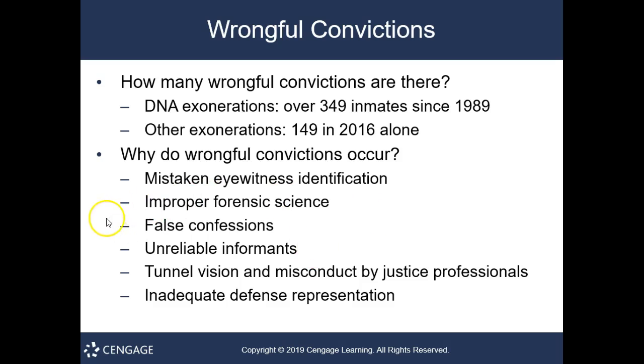Next is false confessions. Now, false confessions can happen in two different ways. One, someone could be tortured into a confession and give a false confession. And sometimes false confessions are done voluntarily, often to save somebody else, someone close to the person who does the false confession. I don't know how we can save someone from a false confession if it's voluntary. We certainly can save them from an involuntary false confession, but not one that they do by themselves.